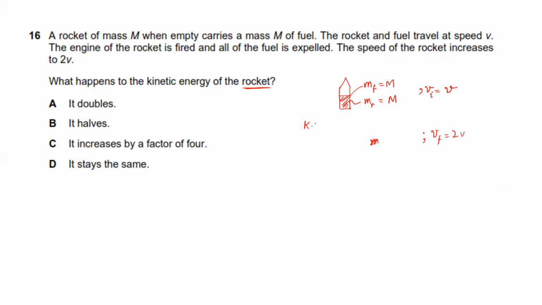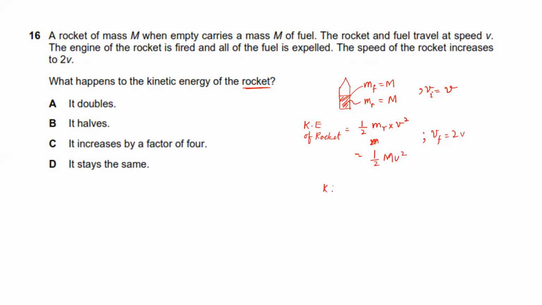So kinetic energy of rocket. Remember, only for the rocket, it will be half mass of rocket multiplied by speed square. So half m v square.